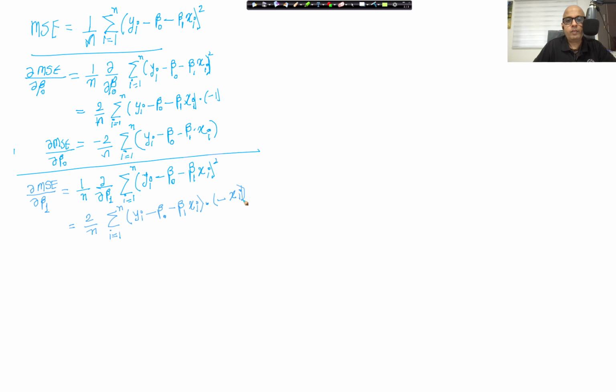And together, the final equation for the derivative of MAC with respect to beta 1 becomes as follows.